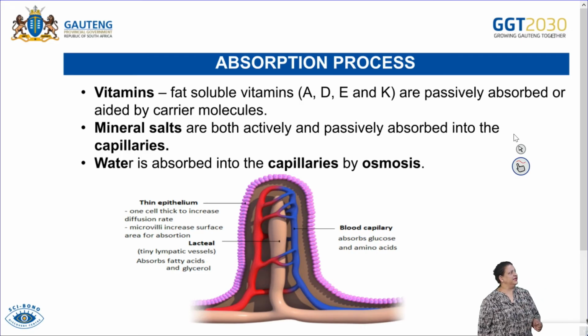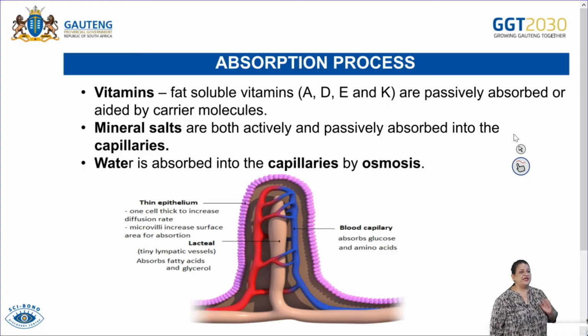Again, the same thing here now. Vitamins are fat soluble. Remember, you have vitamins and mineral salts, right? Now, they are already soluble. They can dissolve easily. So, they are passively absorbed. They don't need energy. Mineral salts also. Mineral salts are actively and passively absorbed into the blood capillaries. But water is absorbed by osmosis.